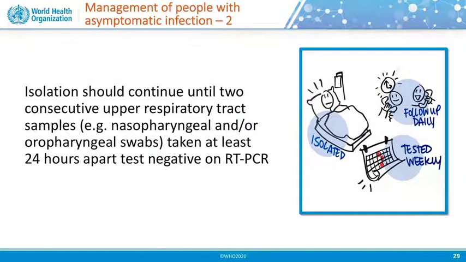Isolation should continue until 2 consecutive upper respiratory tract samples, such as nasopharyngeal and/or oropharyngeal swabs, taken at least 24 hours apart, test negative on PCR.